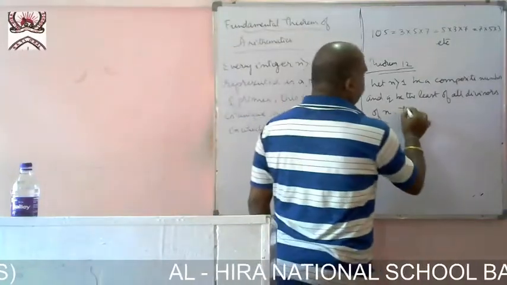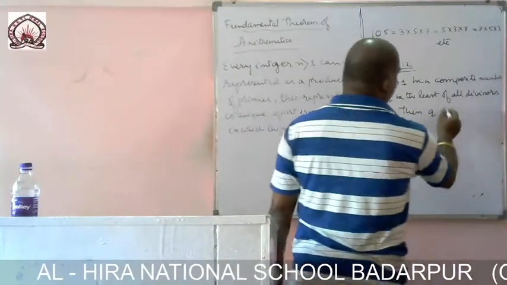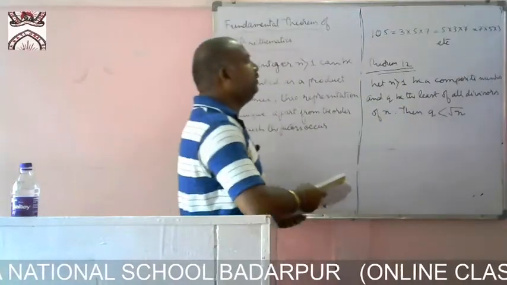Then we can write that q is smaller than the square root of n.